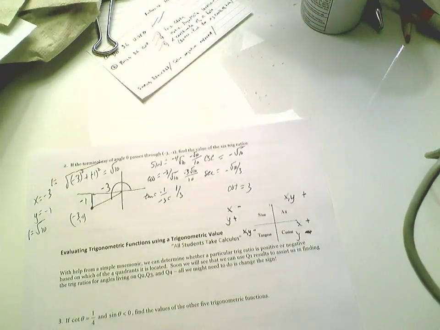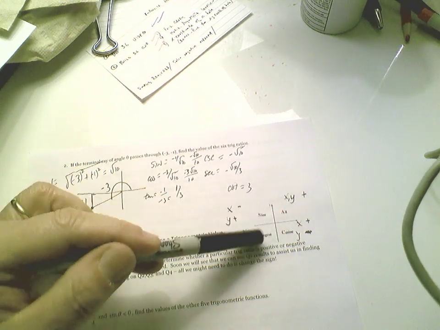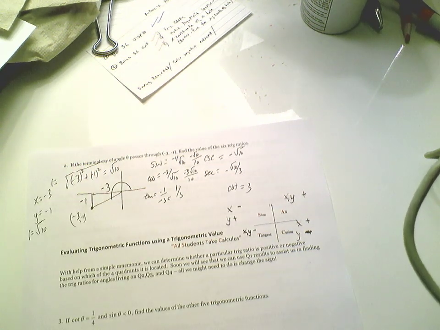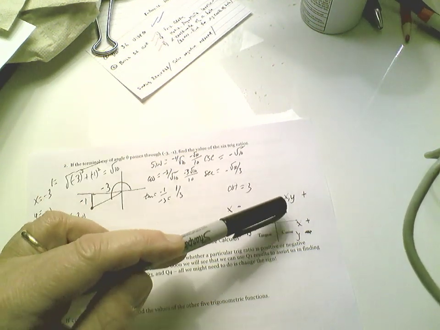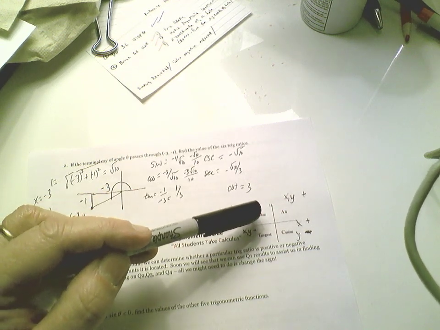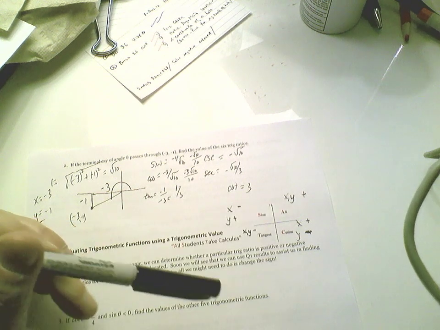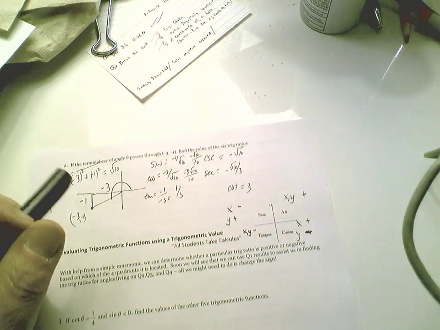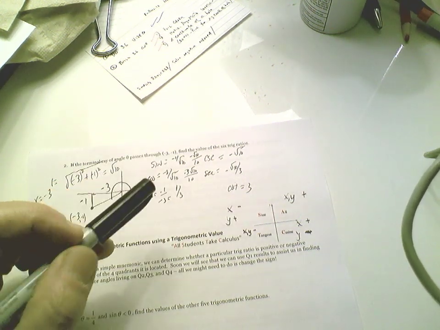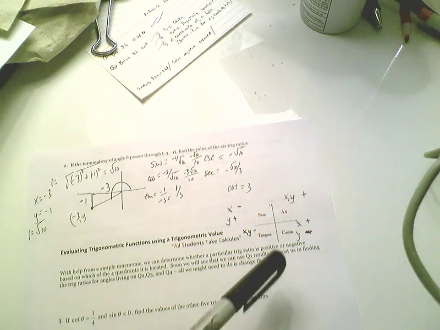And this leads into this nice little quadrant-based document that you have. All, S, T, C: ASTC. This is telling you which of the big three trig functions, sine, cosine, and tangent, are going to be positive for the associated quadrant. In quadrant 1, you see the A highlighted.